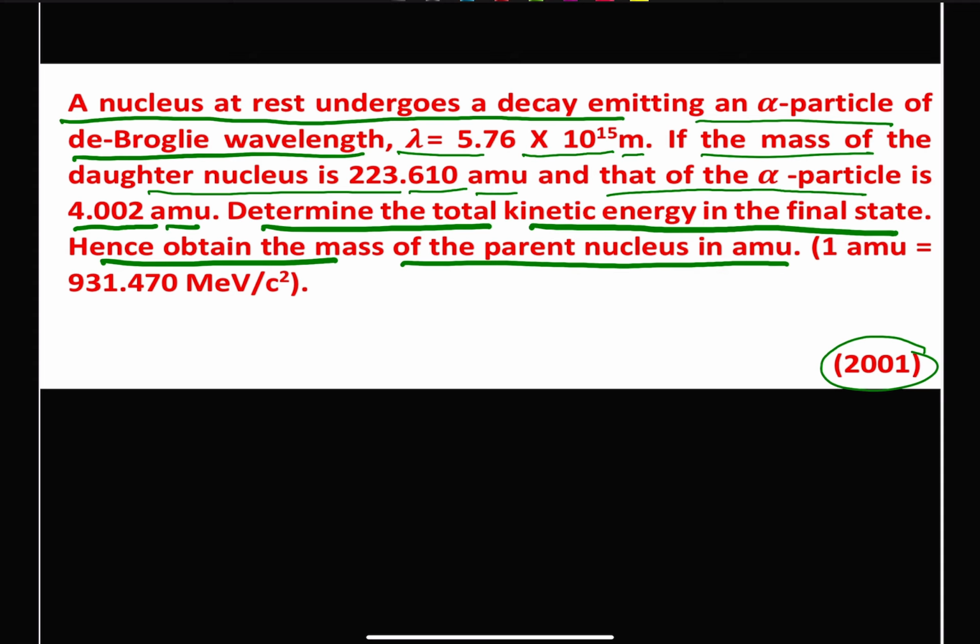So here we are going to use the concept of the momentum.